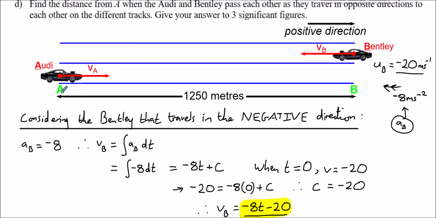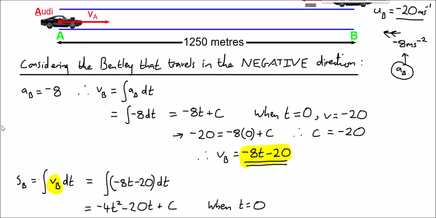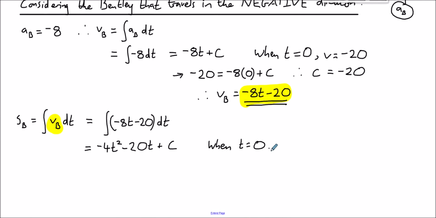When the time is equal to 0, the Bentley is at point B, which is 1250 meters away from A. So we define point A as where the displacement is measured from, and B is 1250 meters away. So the displacement of the Bentley to start with is 1250 meters away from A. So when t is 0, SB is 1250.